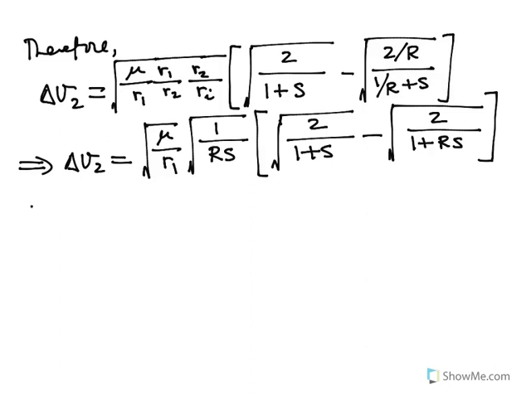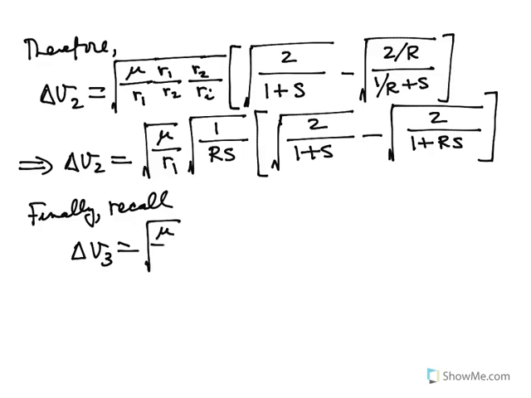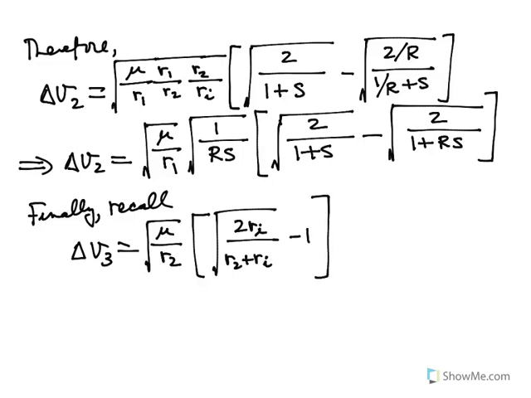So finally, recall delta V3. Delta V3 is equal to the square root of mu over R2 times the square root of 2Ri all divided by R2 plus Ri, minus 1.